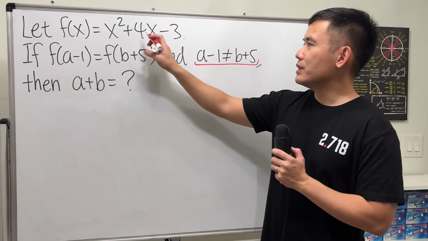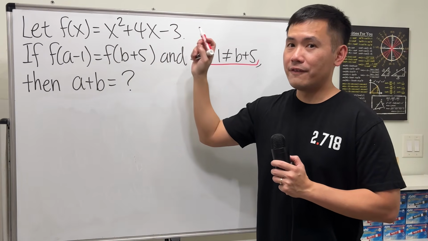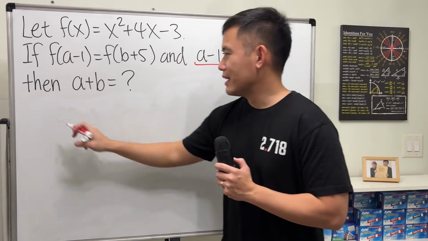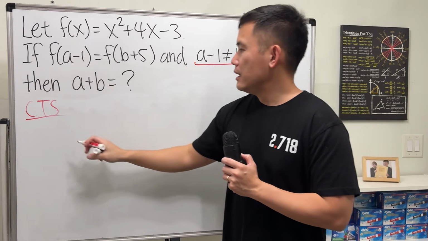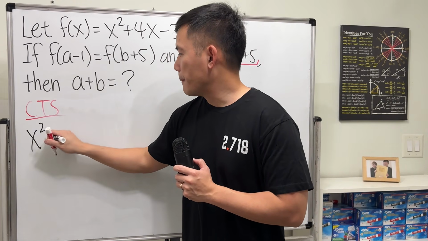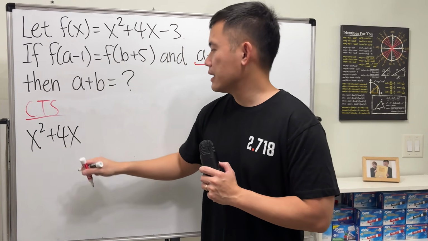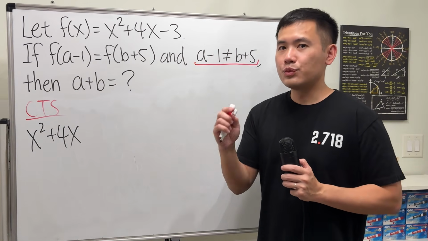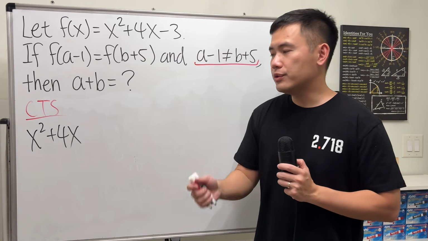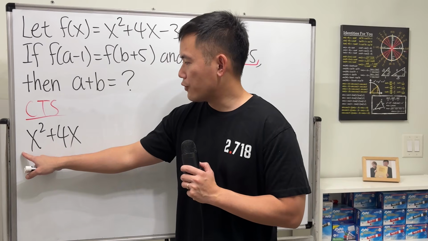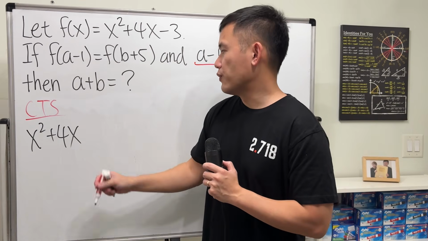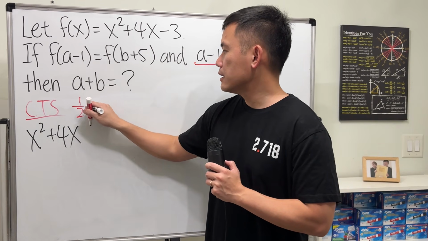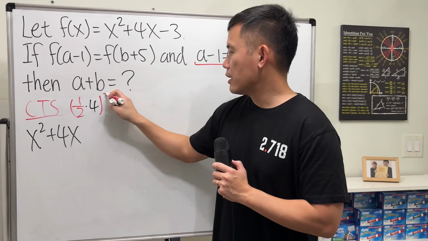Instead, what we will do is complete the square for this right here first. You will see why. So completing the square, CTS. Look at x squared plus 4x. Leave a space because we have to add the magic number. To do so, make sure we have a 1 in front of the x squared, which we do. Then look at the coefficient of x, which is 4. Take half of it and then square.